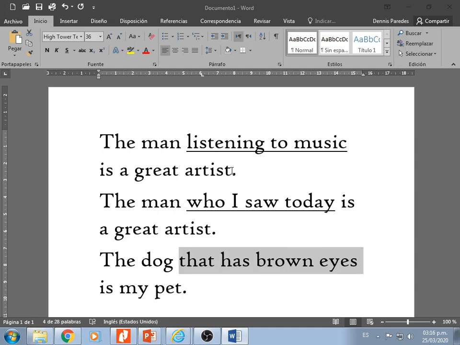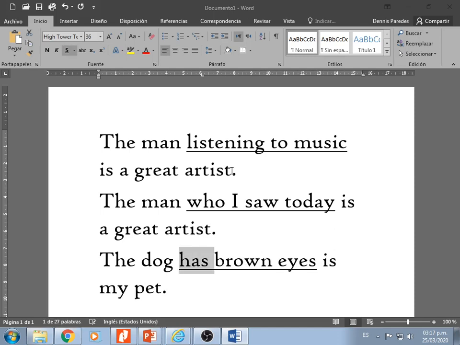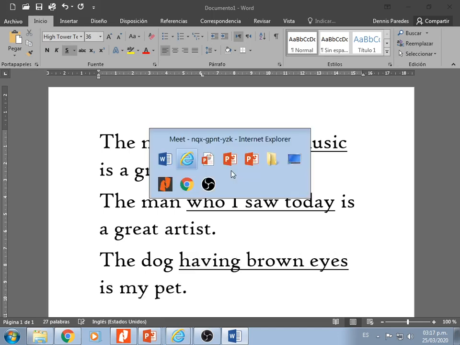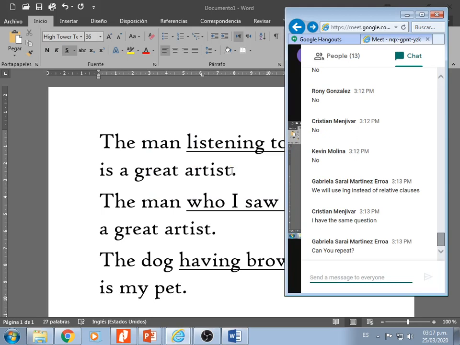So "that has brown eyes" is the relative clause. What we're going to do here is omit "that", and "has" is going to be changed to "having". The dog having brown eyes is my pet. So basically it's just like that.